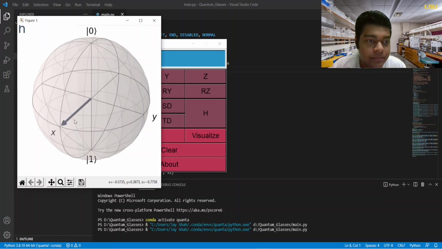Yeah, it has touched here, and you can see it has changed its direction. The S gate went in this direction, towards the positive y-axis, and you can see the S-Dagger gate is making it go in the opposite direction, and that's how they are related.